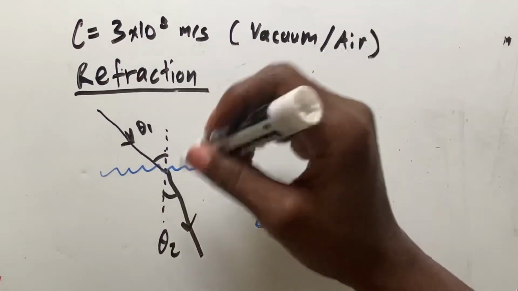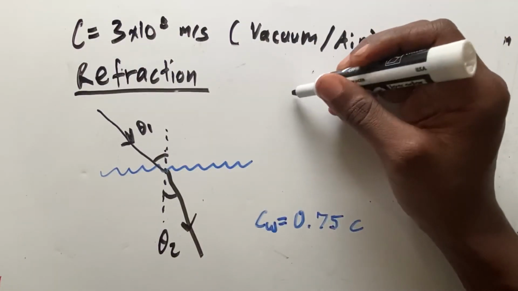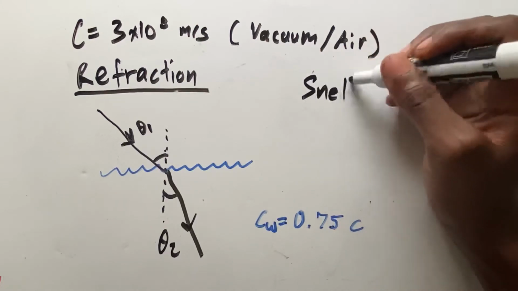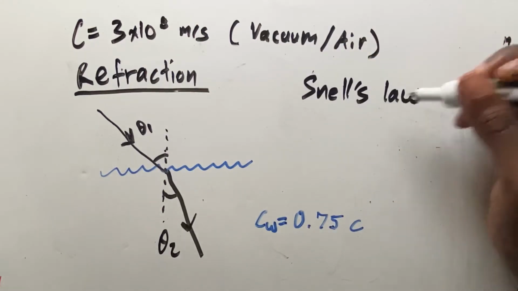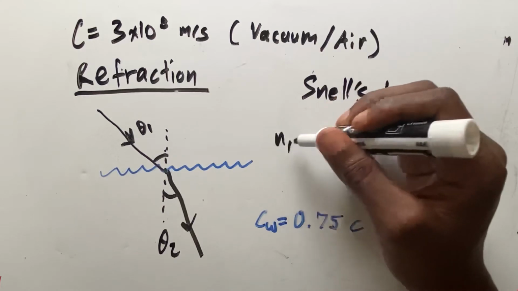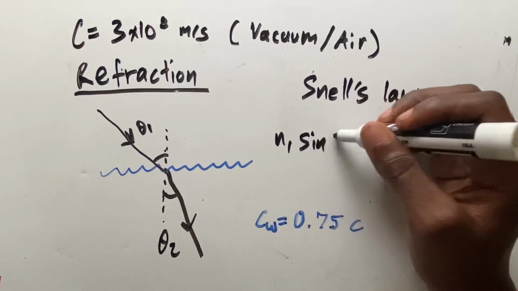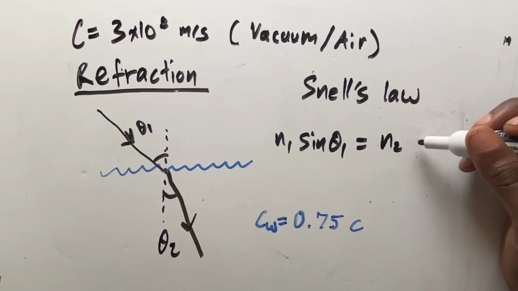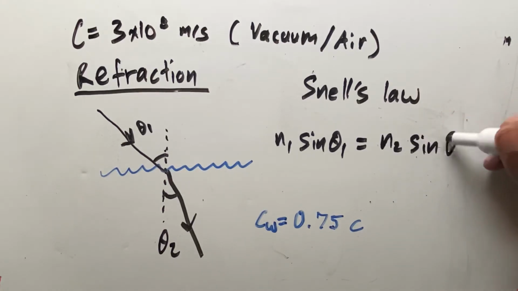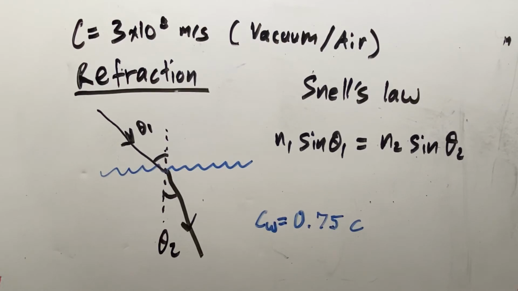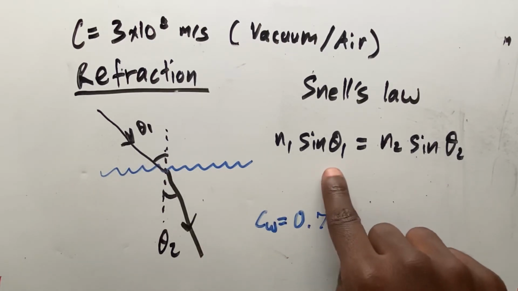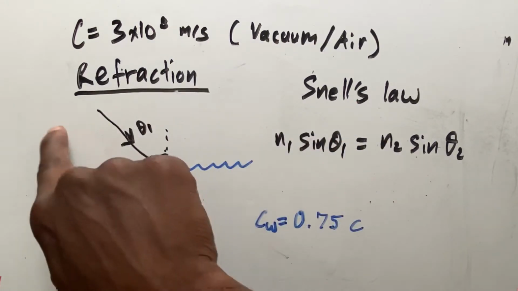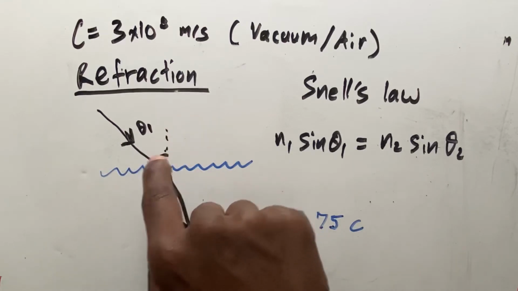So the equation that describes this here is Snell's law, which says N1 sine theta 1 equals N2 sine theta 2, where theta 1 is the angle the light makes with the normal here.